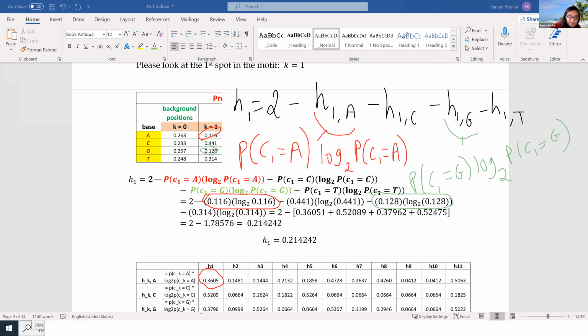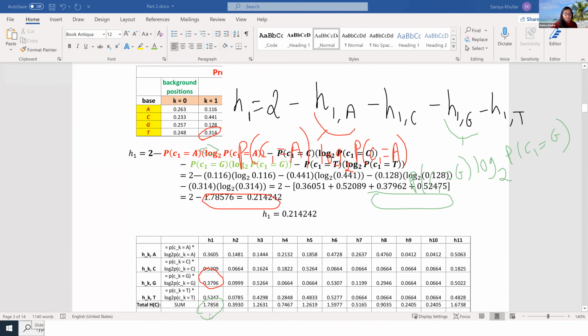So that's what I'm trying to show you. So you just calculate them all. You can do this in Excel or somewhere that does it faster. And in the end, once you find this total value here, the entropy is just going to be 2 minus that value.